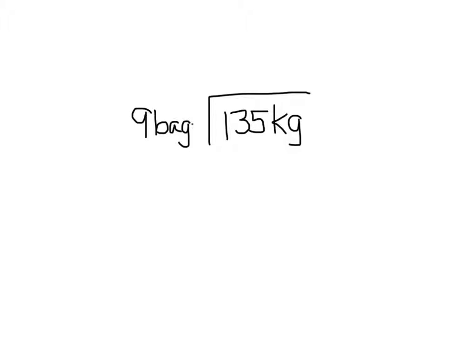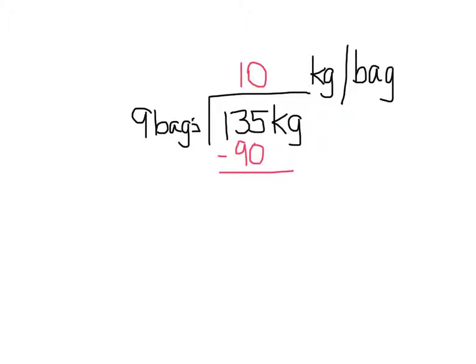We have 135 kilograms divided by 9 bags, to show the weight of how many kilograms would be in each bag. So performing the division, can we put 10 kilograms in each of the 9 bags? We can, which tells us we've distributed 90 kilograms.